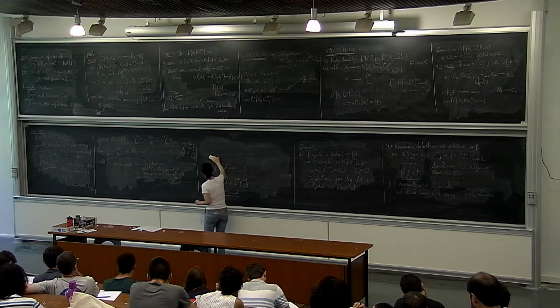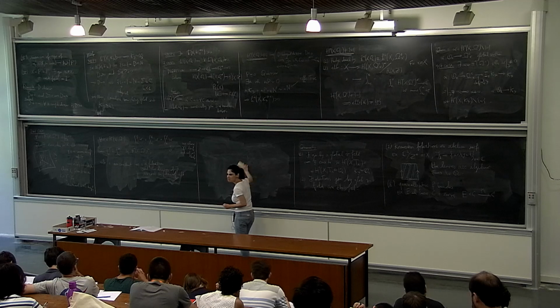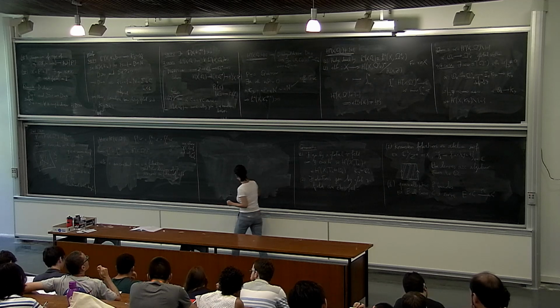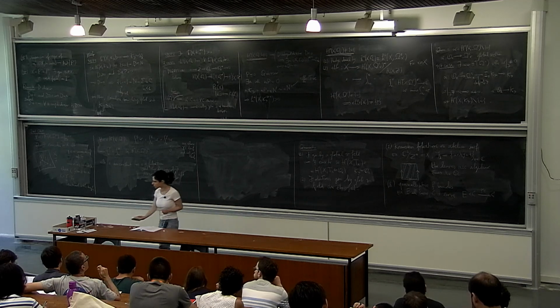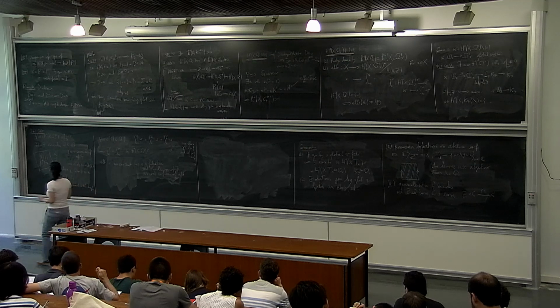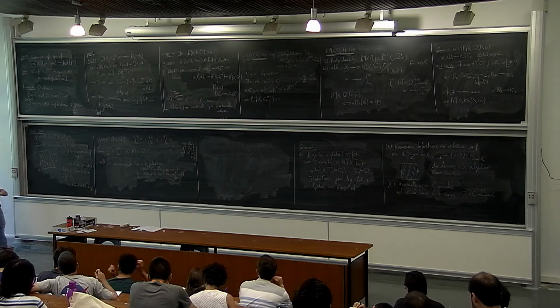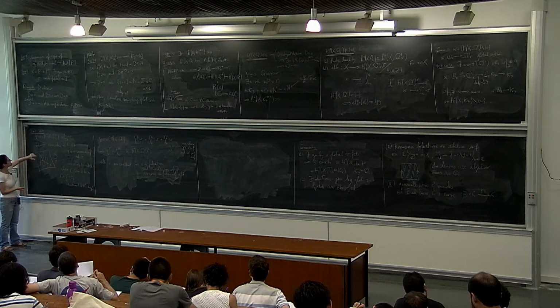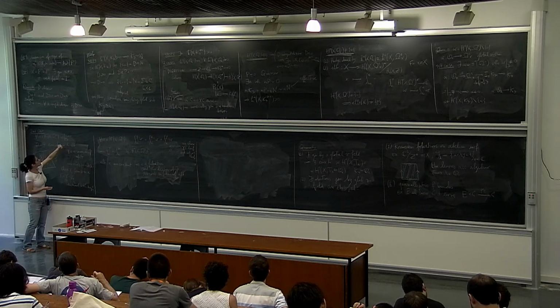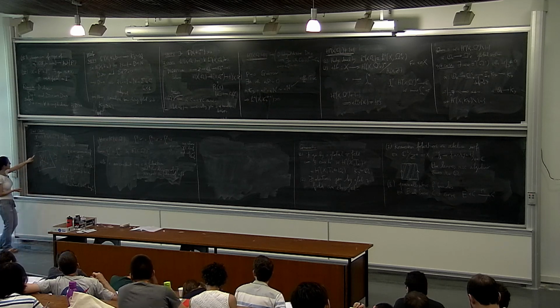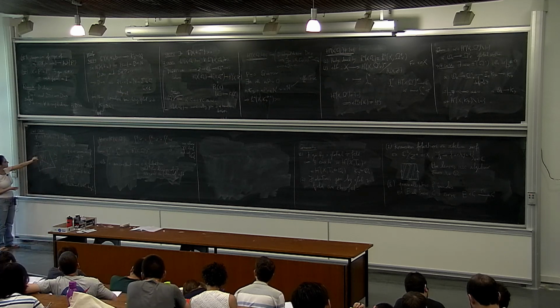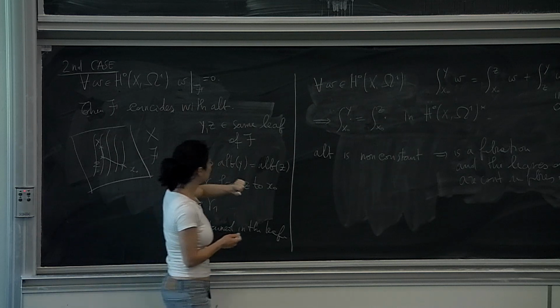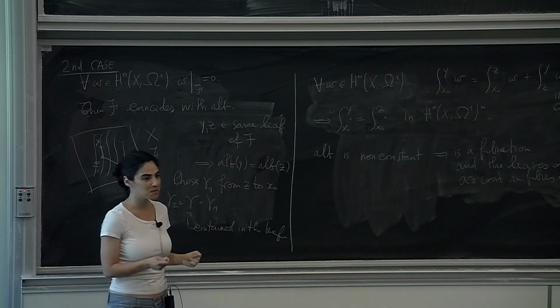Okay, let's go back to, is that okay so far? So we reduced ourselves to this second case where there are global one forms, but all of those vanish along the foliation. And we proved that the leaves of the foliations are contained in the fibers of the Albanese map.